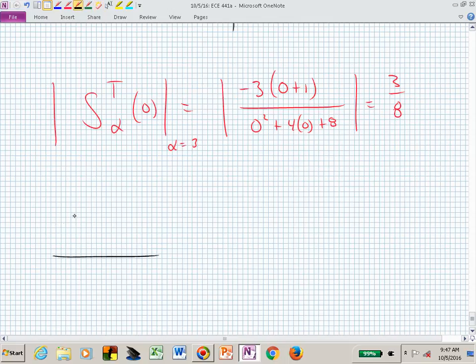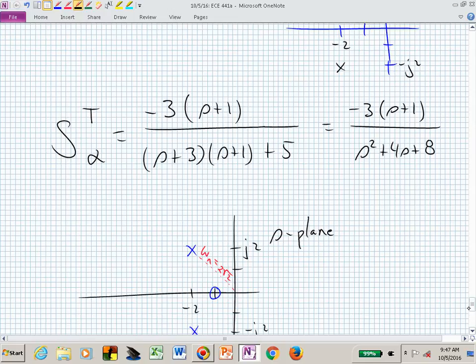This is now the magnitude of alpha in dB, and if we did that, we would take 20 log of 3/8. And that's going to be some negative value, isn't it? But it's going to be flat until what happens in this particular plot? What's the natural frequency of our poles? 2 times the square root of 2, 2.8, about 3.